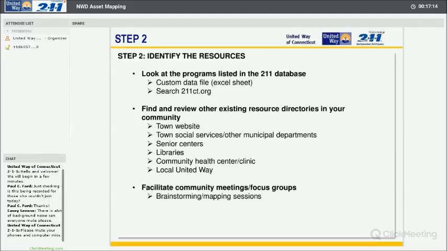Really bad background noise. Whoever does not have their phone muted, if you could please mute your phone or your computer. You're saying Diane's done. Yeah.